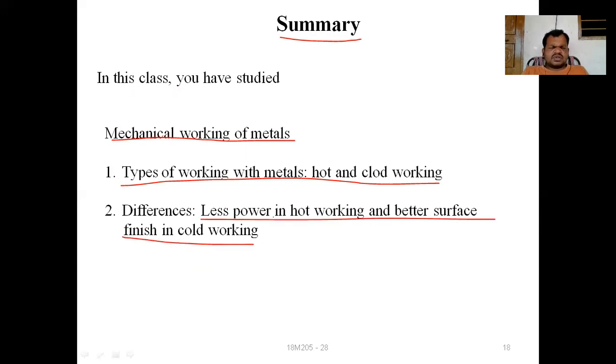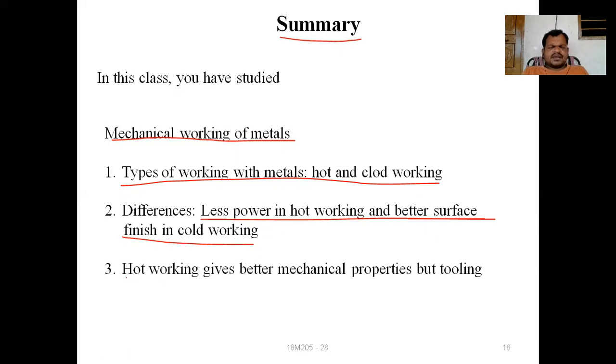So in the hot working process, we cannot get a good surface finish of the object. In cold working we get better surface finish. The hot working gives better mechanical properties, but tooling cost is more.